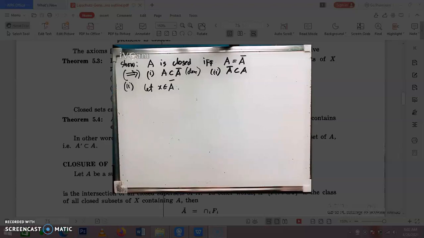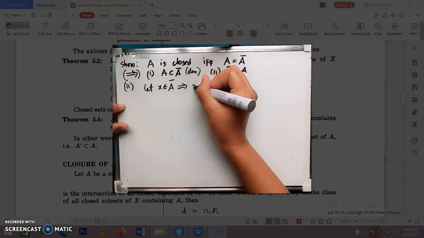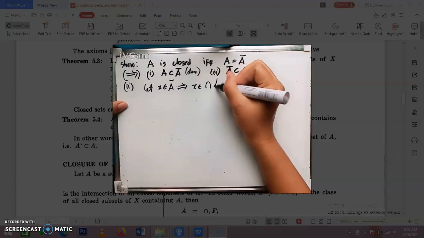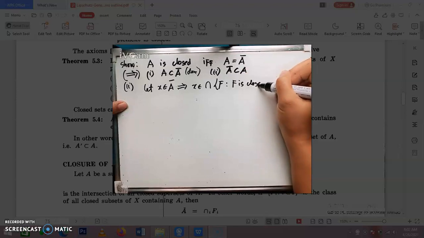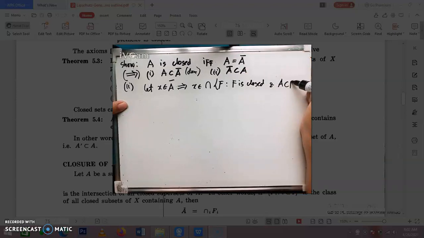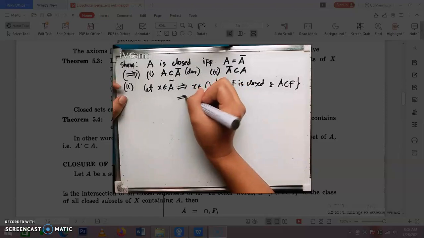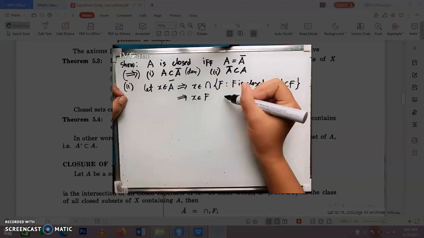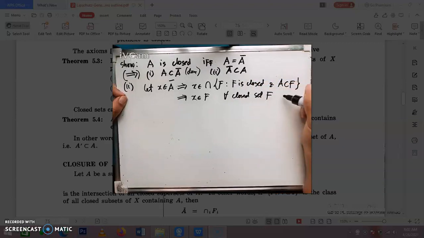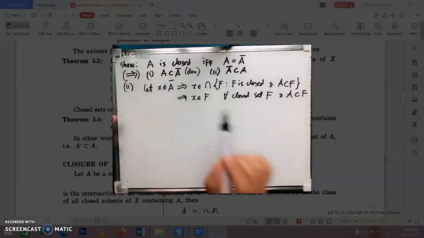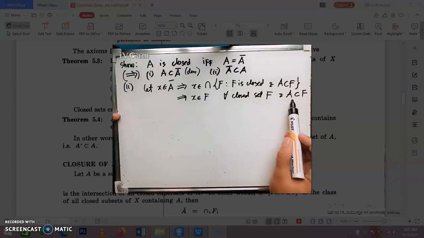So if X is in A closure, it means that X is in the intersection of closed sets containing A. It means that X is in F for all closed set F such that A is a subset of F. Take note, F is closed and F contains A.